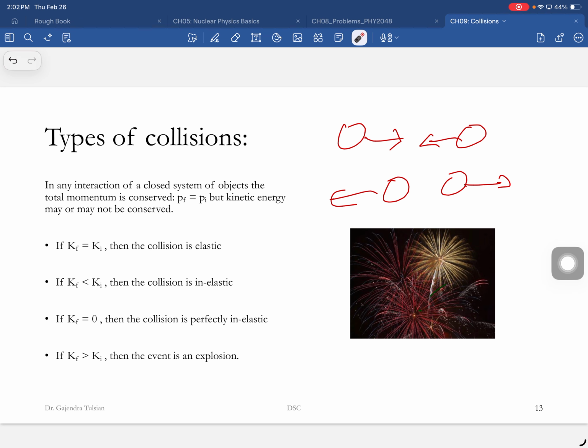That's a perfectly inelastic collision. If the final kinetic energy is greater than initial kinetic energy, then it's an explosion. Chemical energy turned into mechanical energy. The classification is based on kinetic energy. In all these collisions, what is conserved is momentum.